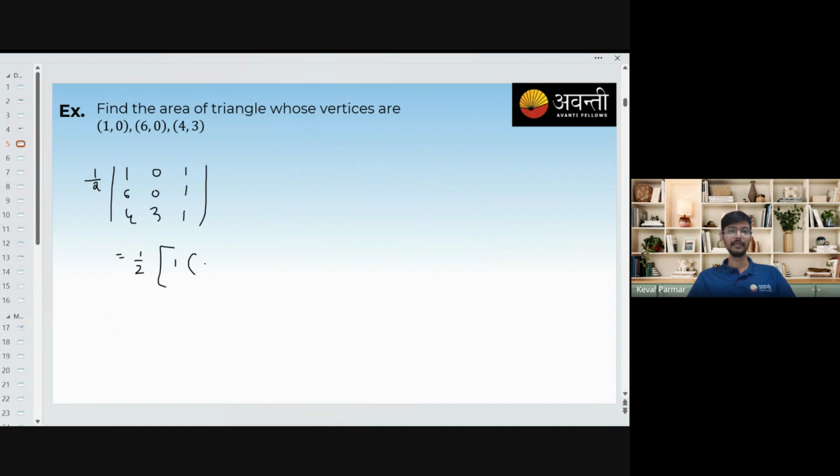Yeah, let's write it direct. 0 minus 3 minus 0 plus 1 into 18 minus 0. So this will be half into minus 3 plus 18, 15. That means 7.5 units is the area. Very simple. I am just taking this so that you can know how to calculate the third order determinant. Many of us still have some confusion. That's why.